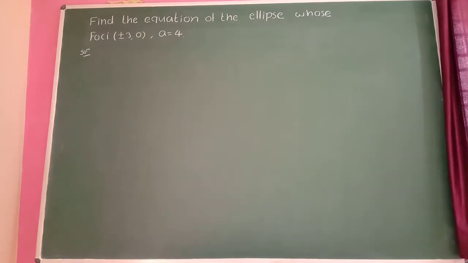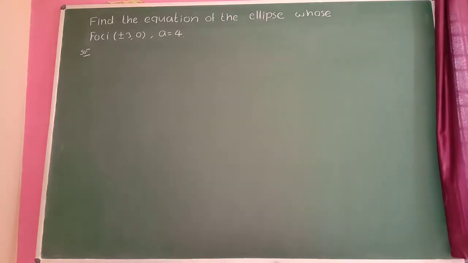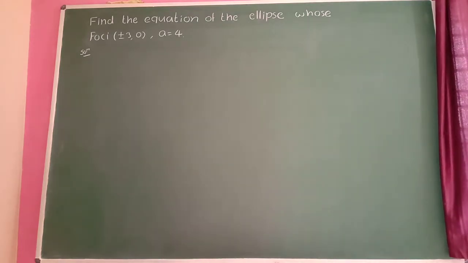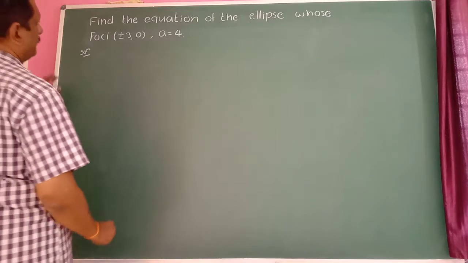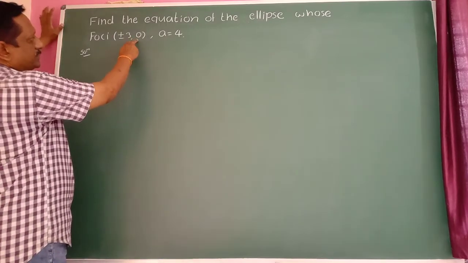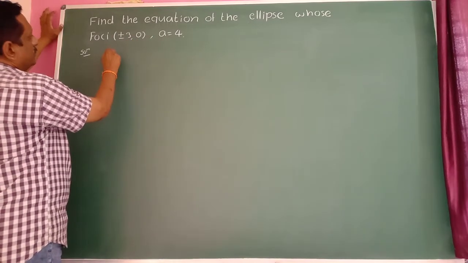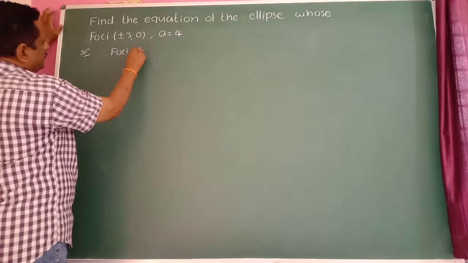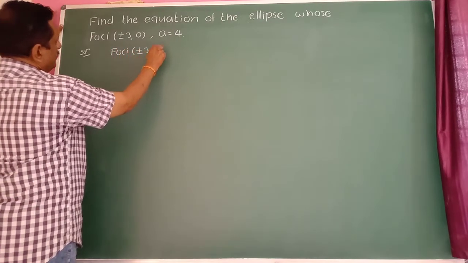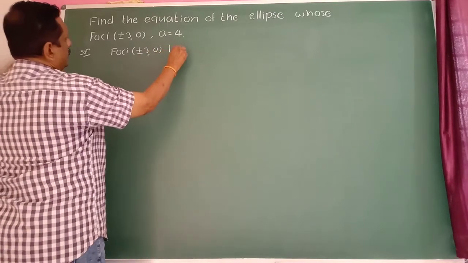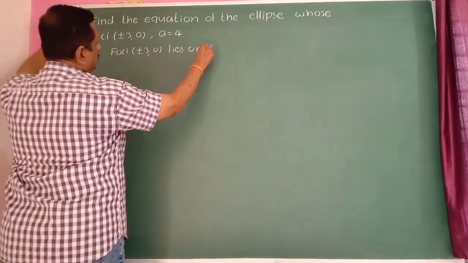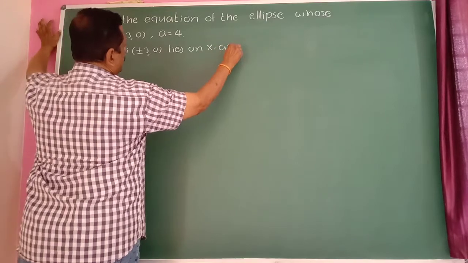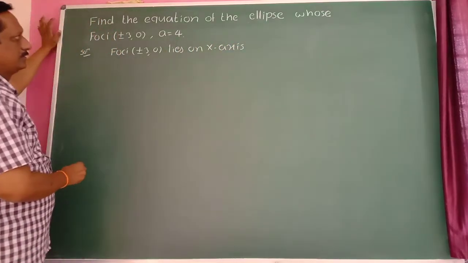So in this case, foci plus or minus 3 comma 0 and a is equal to 4 here. So foci lies on x axis here because y coordinate is 0. So foci plus or minus 3 comma 0 lies on x axis here.